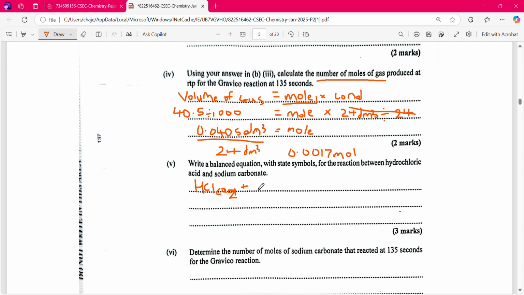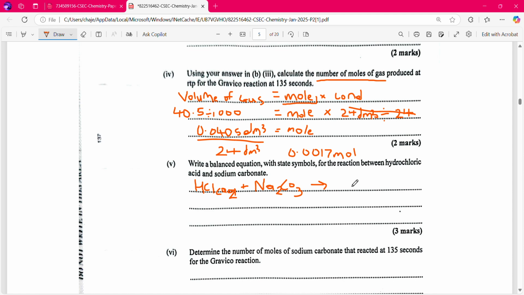What's the chemical formula for sodium carbonate? Yes, so it's Na2CO3. Alright, so you guys might get something similar on the exam. So what are we going to form?